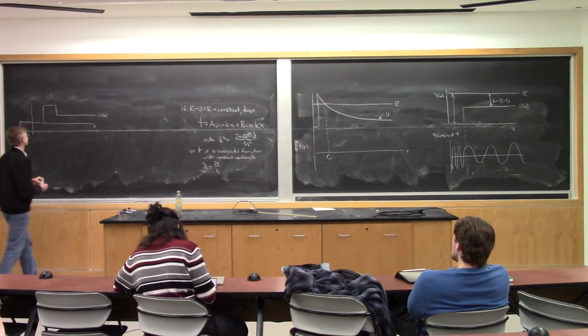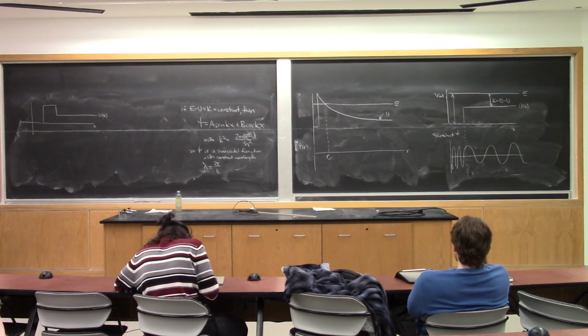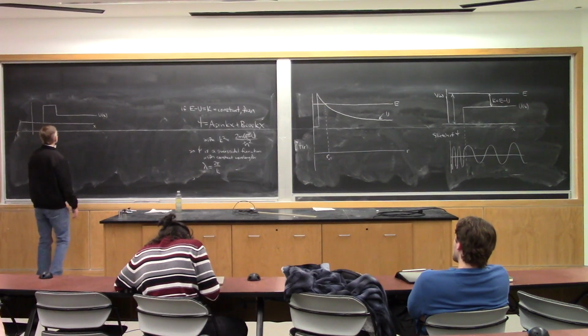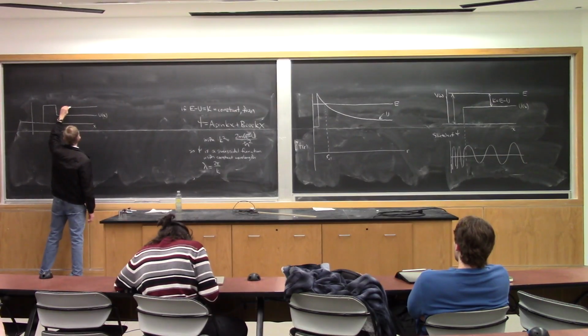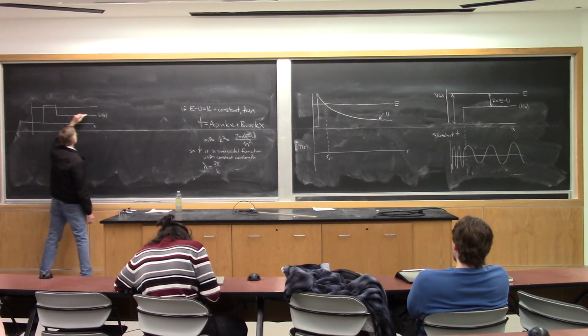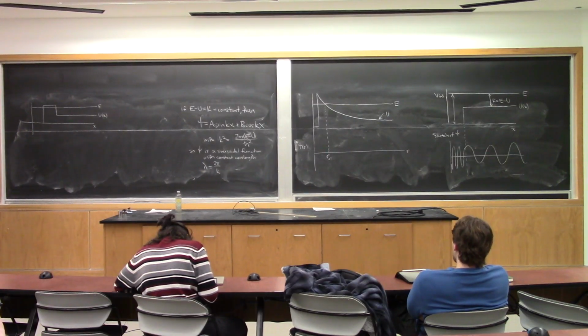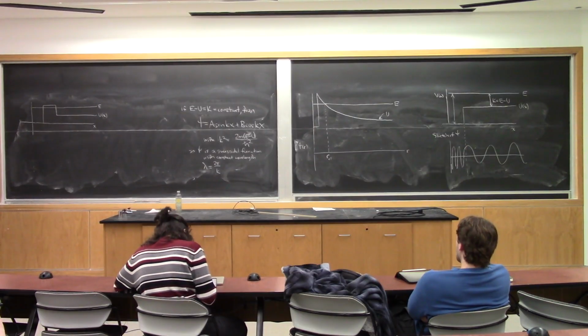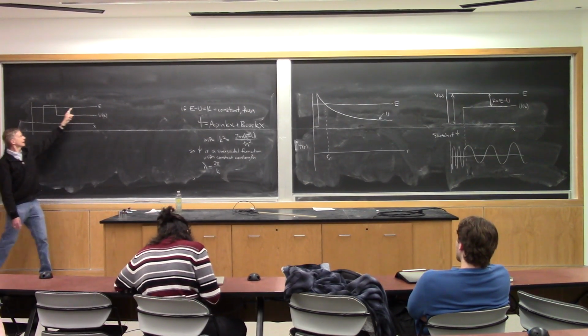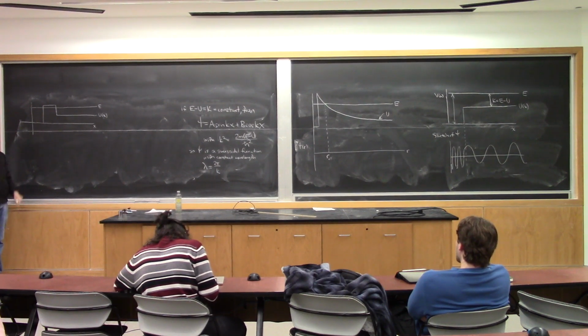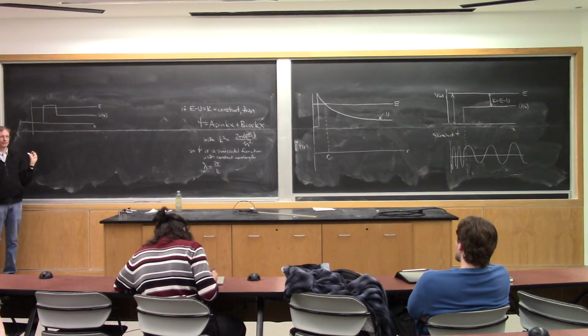There's U of x. And here is E. If this is a classical particle, can it make it to the origin? If it's coming in from the right, can it make it to the origin?